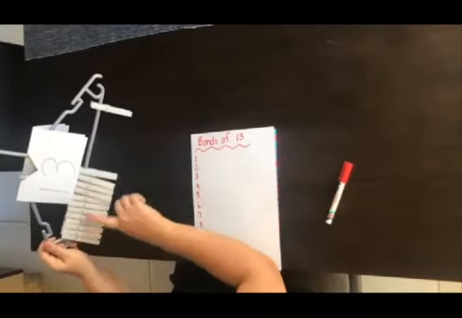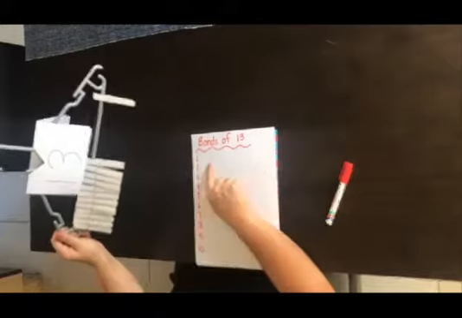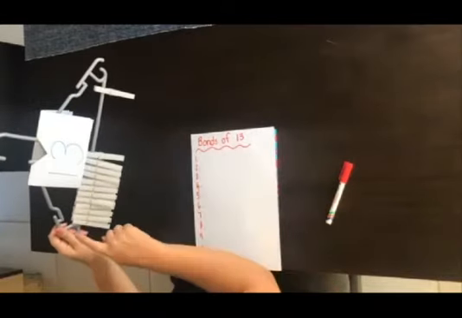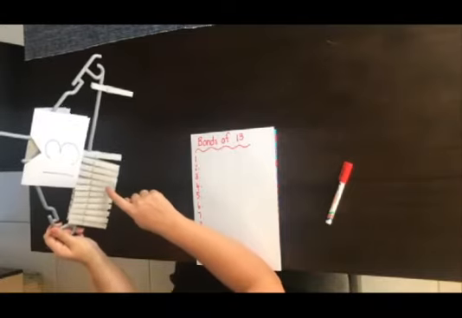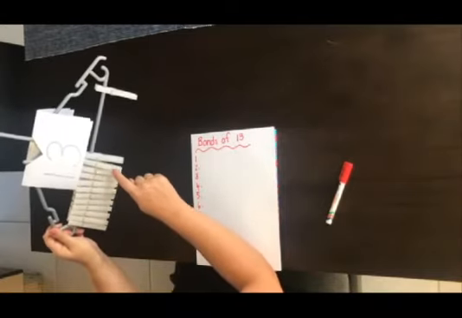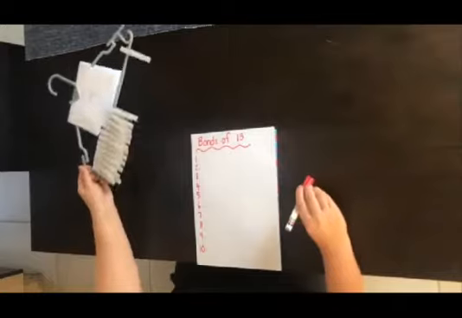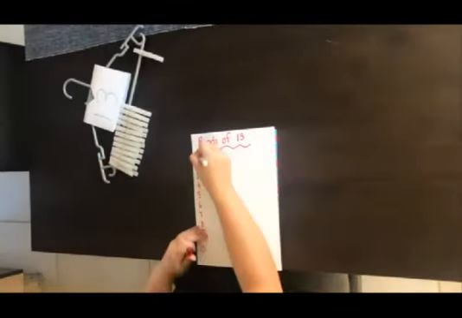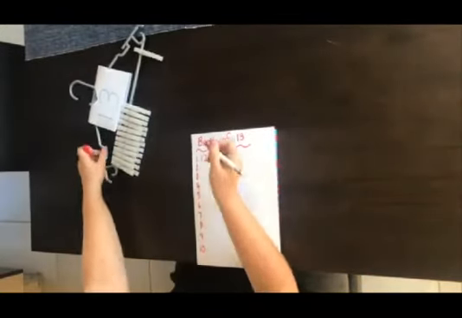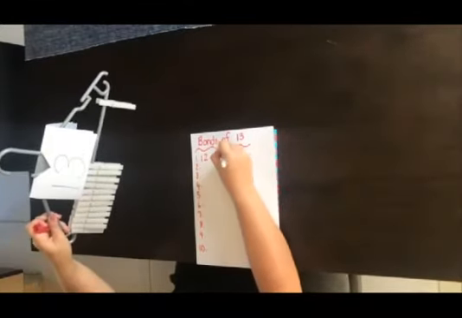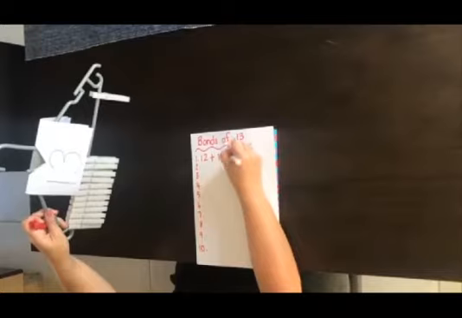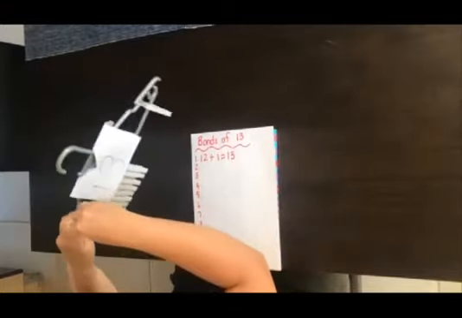And then I'm going to count them from left to right to make my sum. 1, 2, 3, 4, 5, 6, 7, 8, 9, 10, 11, 12. So then I'm going to write 12 plus 1 equals 13, because we know we have 13 pegs.